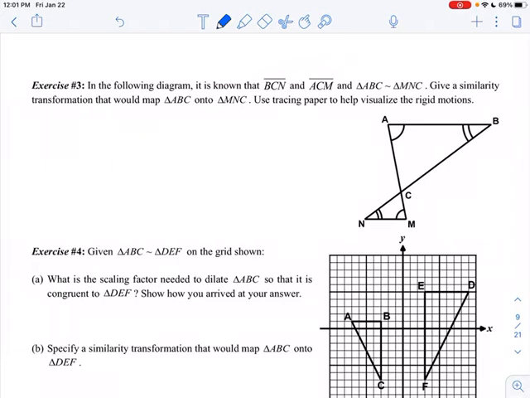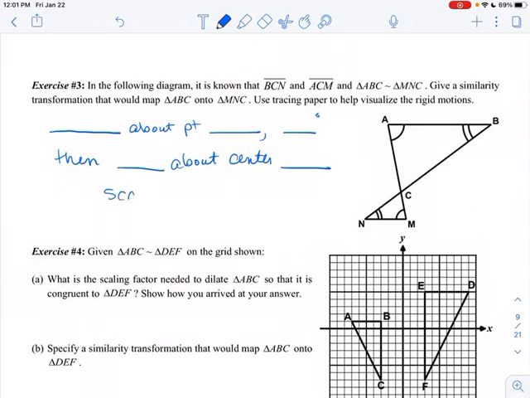Think about it: you have to rotate about point blank, and then I want to say how many degrees you're going to do that. Then you have to dilate about center blank, scale factor blank. So just what we did before. Before we translated it, we rotated it, we dilated it till they were the same size.